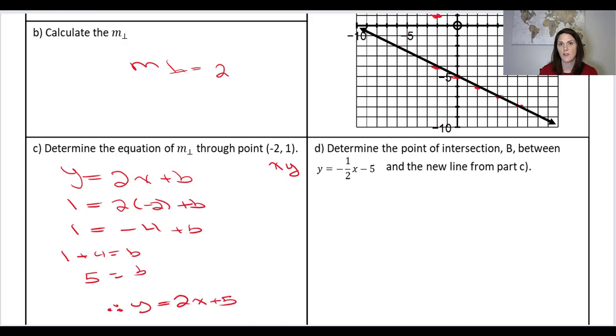Okay, so again, this is our equation number 2. So y equals 2x plus 5 is equation number 2. Y equals -1/2 x minus 5 is equation number 1. I'm going to go ahead and determine the point of intersection by substituting 1 into 2.